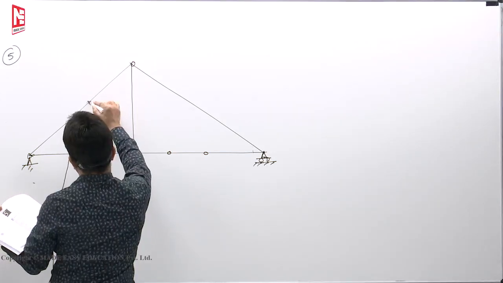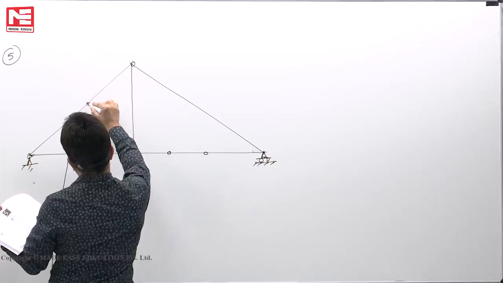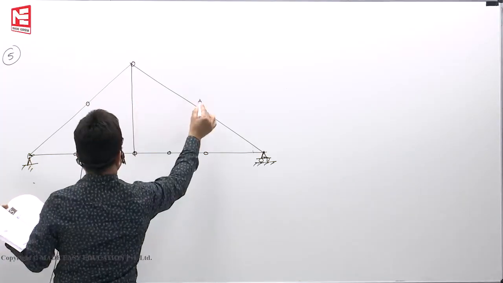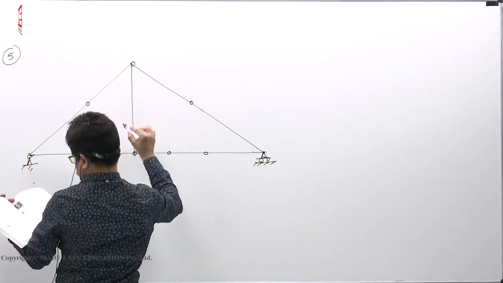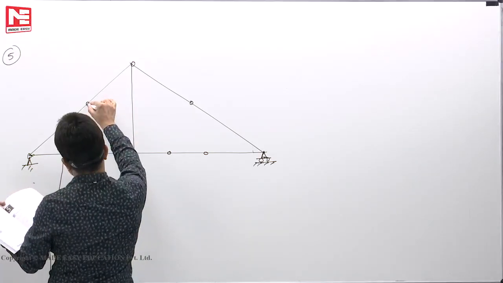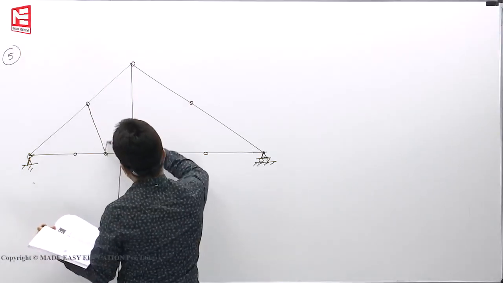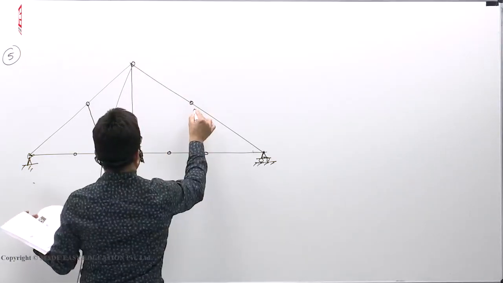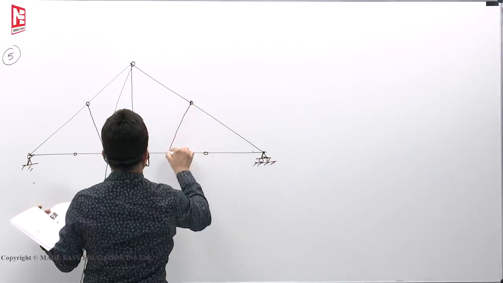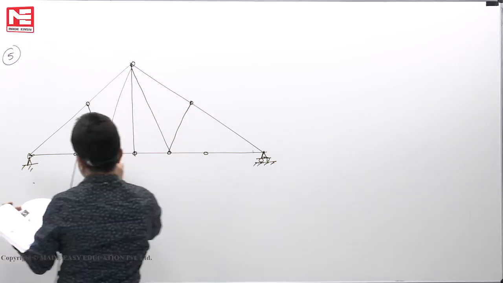The central one here, central one here. Now it is connected to the second hinge like this. Okay. Now there went one inclined member connected to second hinge. There went one inclined member. This much symmetry they have maintained.